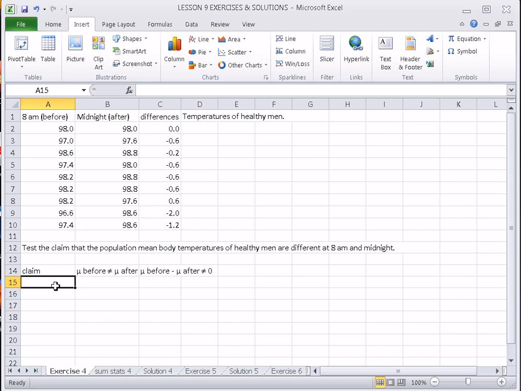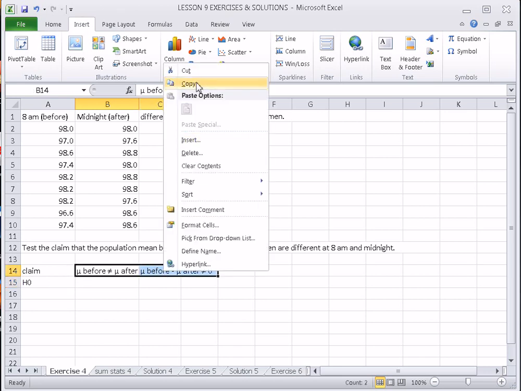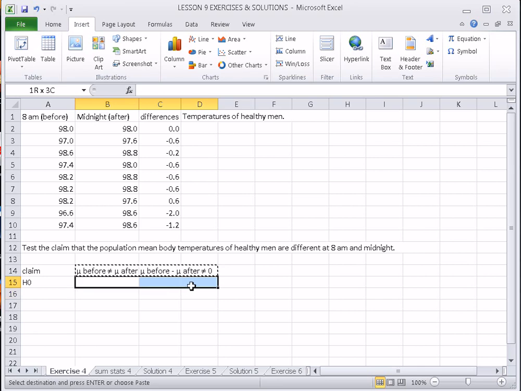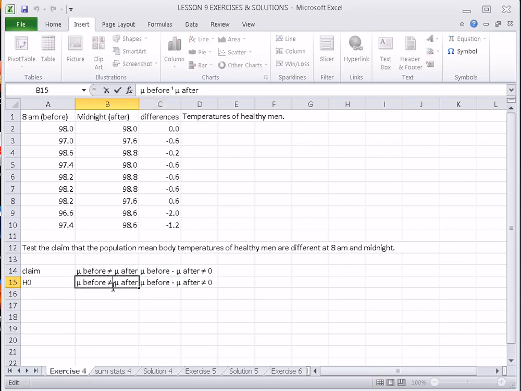Okay, so the claim is the mean before is not equal to the mean after. They are different. The null hypothesis, of course, is that they're the same. So we'll just take these and change them to equals, because the difference between a claim and the null is that the null is always equality. So the null hypothesis is that the before and after temperatures are the same, which means their differences are 0.